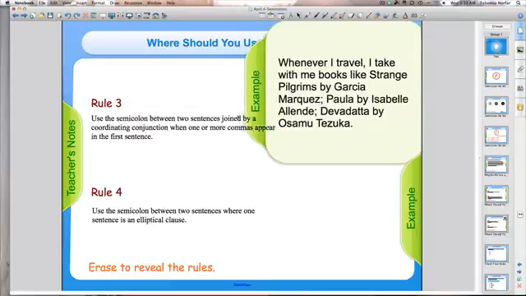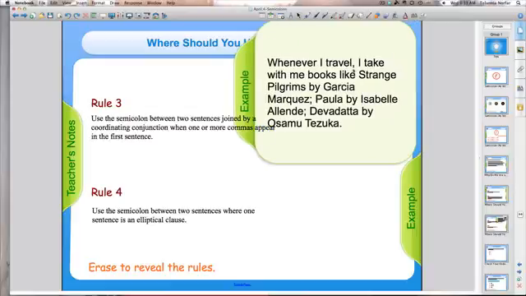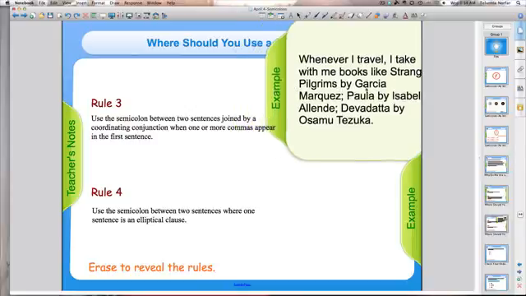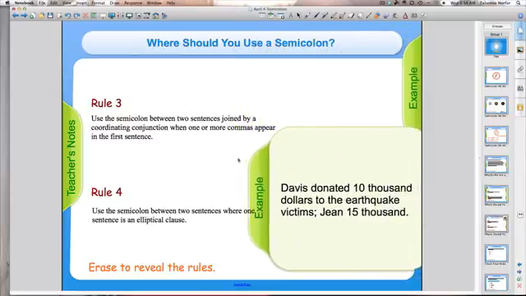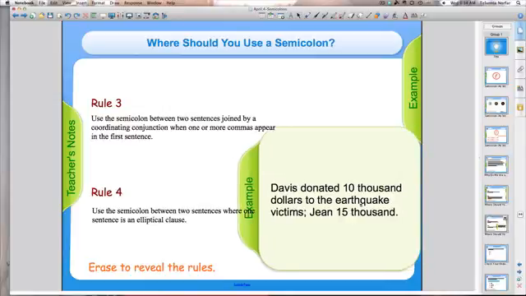Okay, so for the first rule: whenever I travel, I take with me books like Strange Pilgrims by Garcia Marquez, Paula by Isabel Allende, and Diva by Osmond Tesca. Okay, the second example goes with rule 4. Davis donated $10,000 to the earthquake victims; Gene, $15,000.